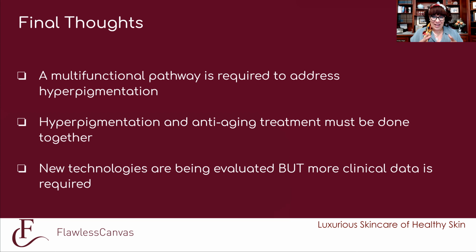Because if we have a damaged, photo-aged, or inflamed dermis, we will have signals toward the melanocyte to produce melanin. If we don't address aging and damage in the level of skin health that we have, we will not be able to control hyperpigmentation.